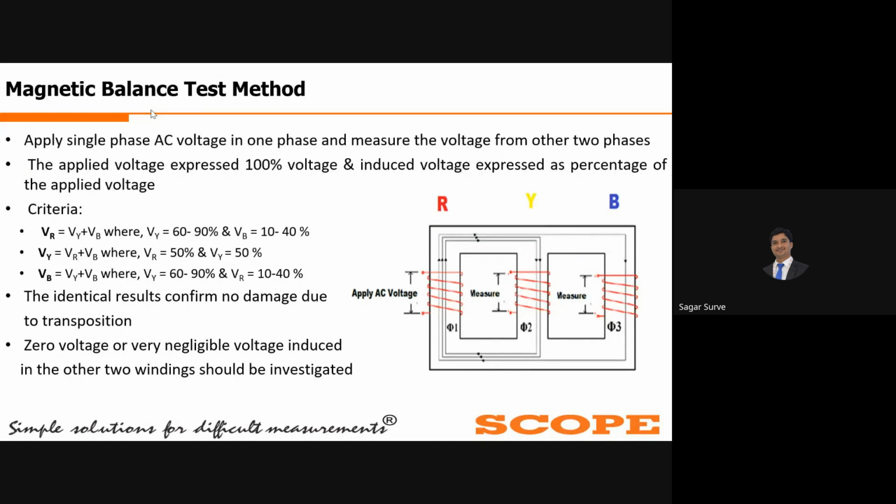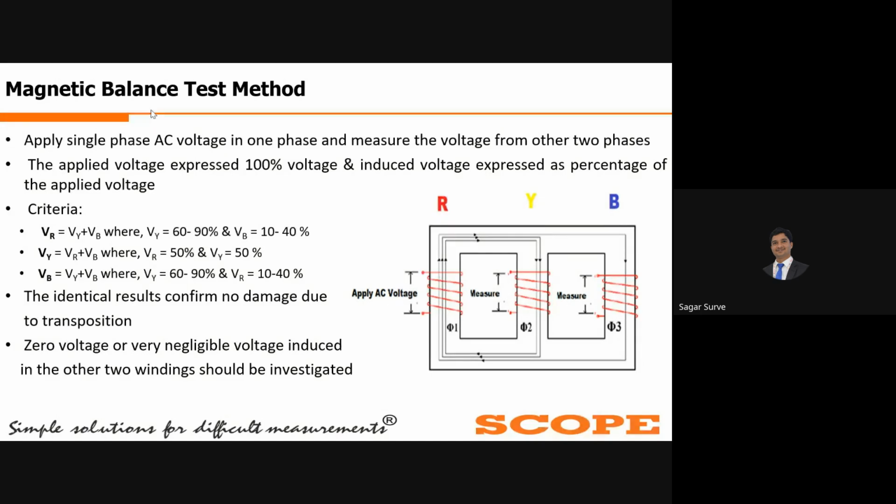Similarly, if you apply voltage to the B phase, again you will get the higher voltage generated at the Y phase and lower voltage at the R phase, which can be 60 to 90 in the Y phase and 10 to 40 in the R phase.